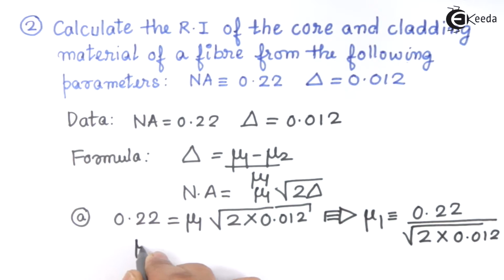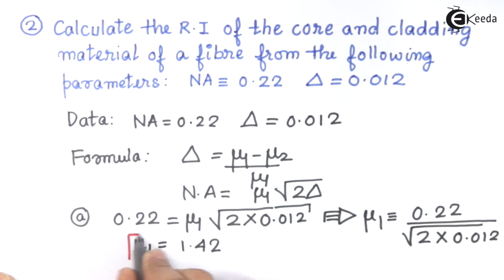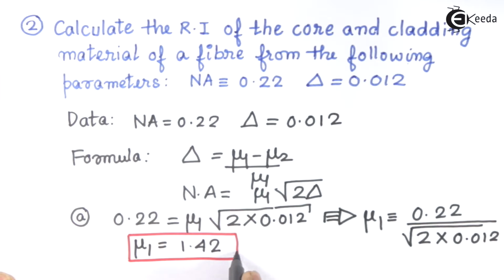Hence, the refractive index of the core works out to 1.42. So, mu1 is equal to 1.42, which is the refractive index of the core. Hence, your mu1, this is one of the answers, is equal to 1.42. No units for this because it is a refractive index.